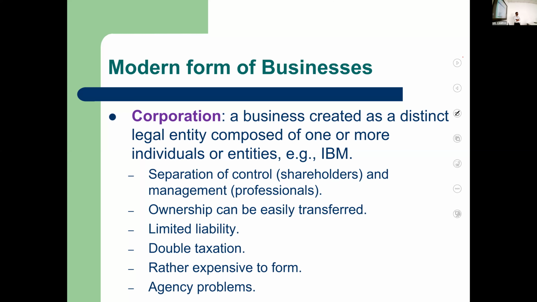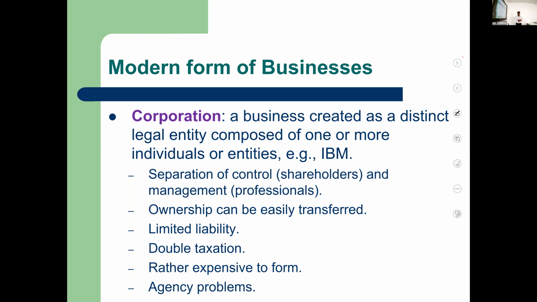Right. Modern forms of business. Can you tell me the forms of businesses available in Sri Lanka? Very good. Sole proprietorship, partnership, and companies, right? Those are the non-profit organizations, franchises, right? Those are the modern forms of business.